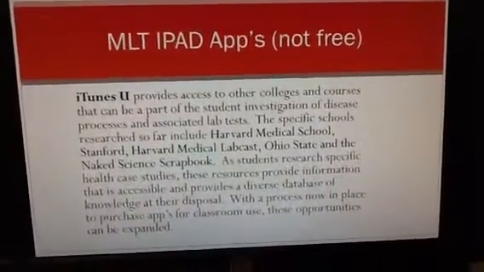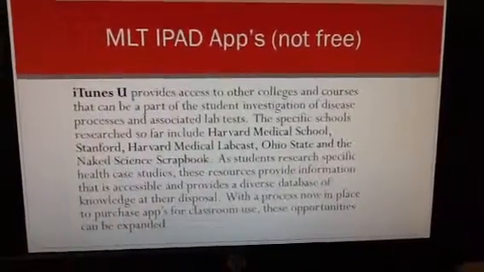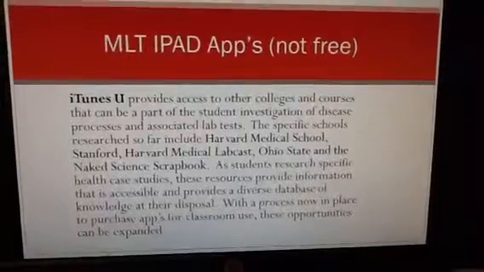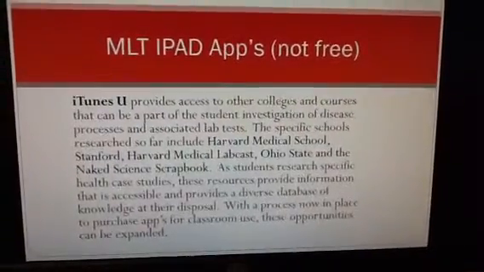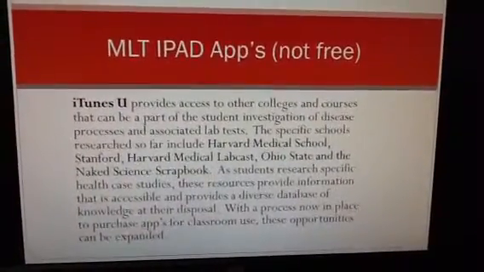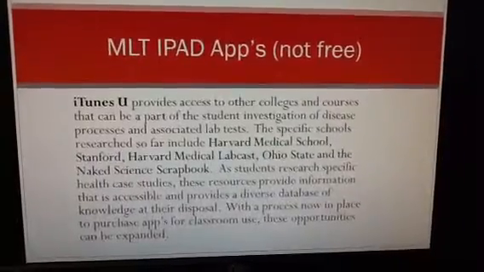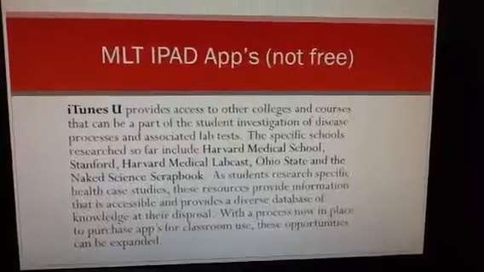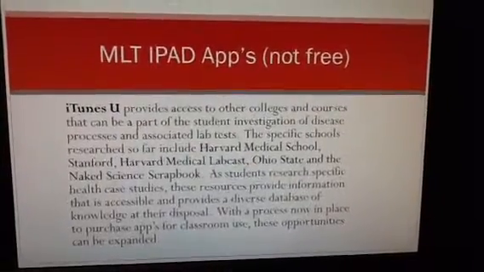iTunes U is another site that I see in the future will provide us with some really neat interactive potential with other students, and it gives us some resources that we typically have used in the past in paper development or really in investigation.